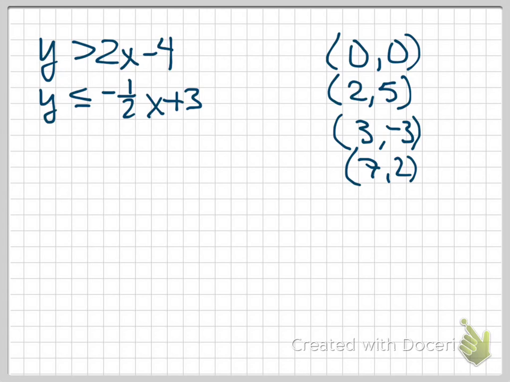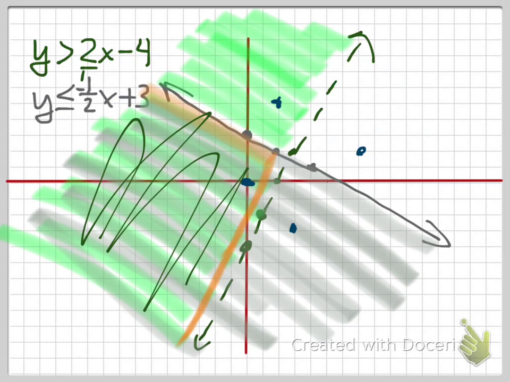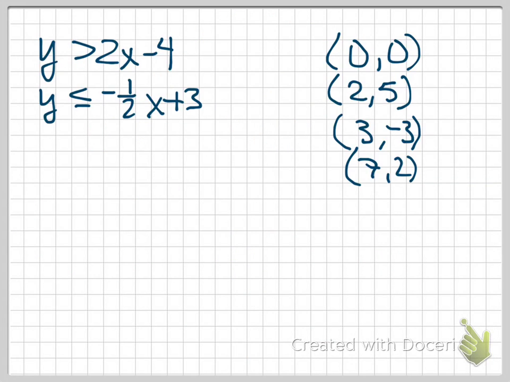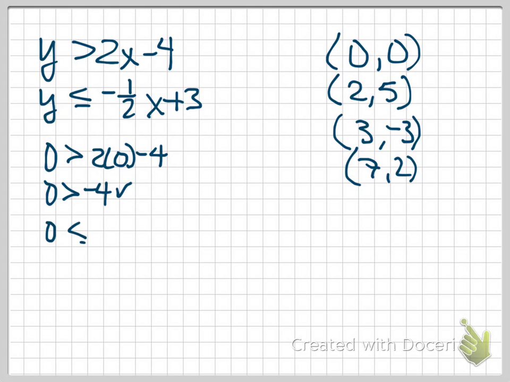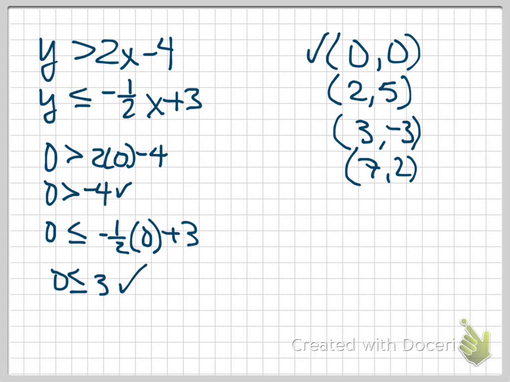So just to show you why we would check that, if I go over to here, and let's say I take these 4 points, which you can see chosen here, and start testing them. Put 0 in place of the y and the x. 0 is greater than negative 4, so that checks. Then I put it into the other inequality, and I can see that 0 is less than or equal to 3.